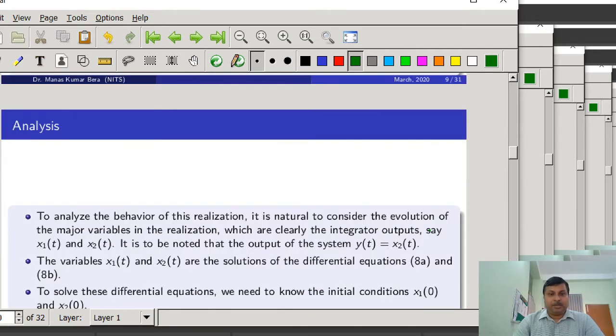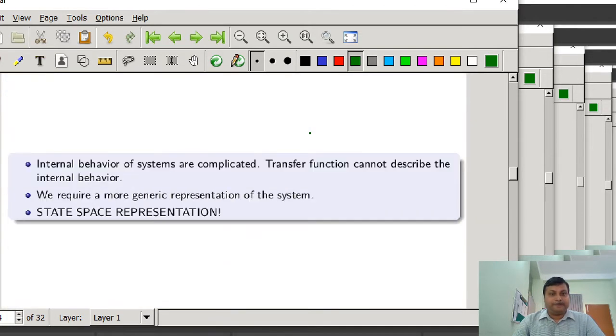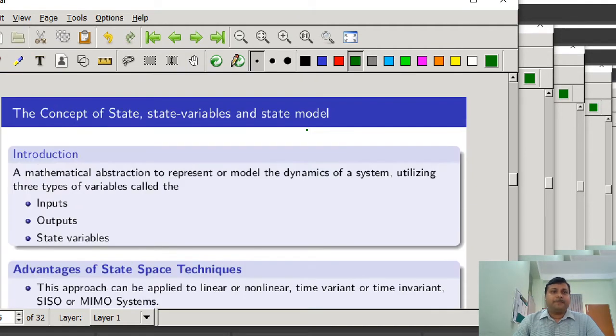So let us continue with today's lecture, the concept of state variable and state model. As an introduction, we can again recap that it is a mathematical abstraction to represent or model the dynamics of a system utilizing three types of variable called inputs, outputs, and state variables.